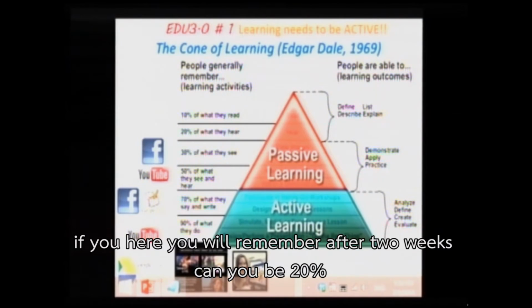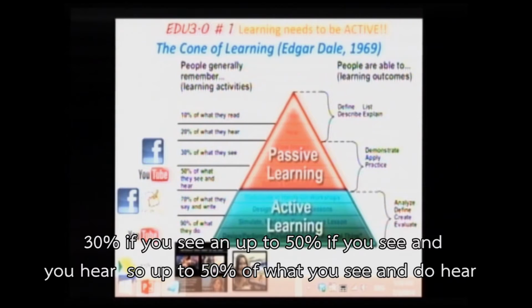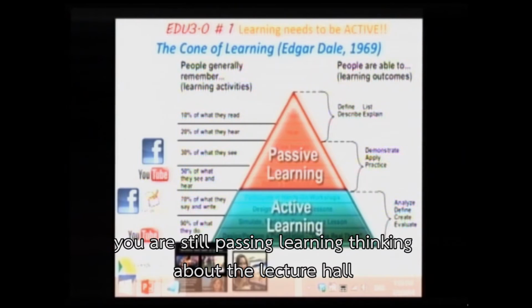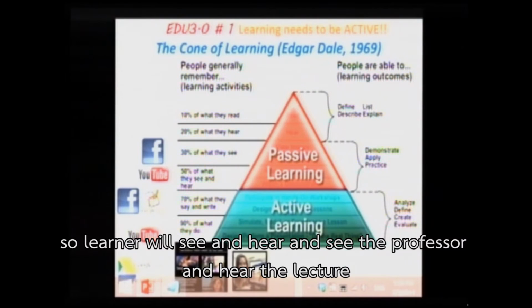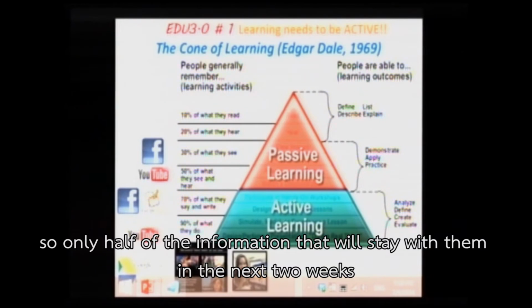If you hear, you will remember 20% after 2 weeks, 30% if you see, and up to 50% if you see and hear. So up to 50% of what you see and hear, you are still in passive learning. Think about the lecture hall where the professor sits in front of the class and gives the lecture. Learners will see and hear, so only half of the information will stay with them over the next 2 weeks.